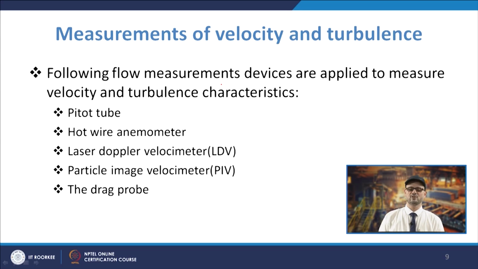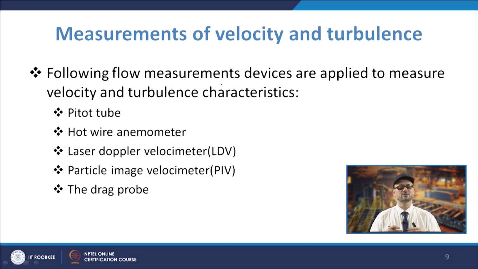Apart from that, different flow measurement devices are applied to measure velocity and turbulence: Pitot tube, hot wire anemometer, laser Doppler velocimeter. PIV is very much used in physical modeling, where you try to get the velocity profile at a certain section.